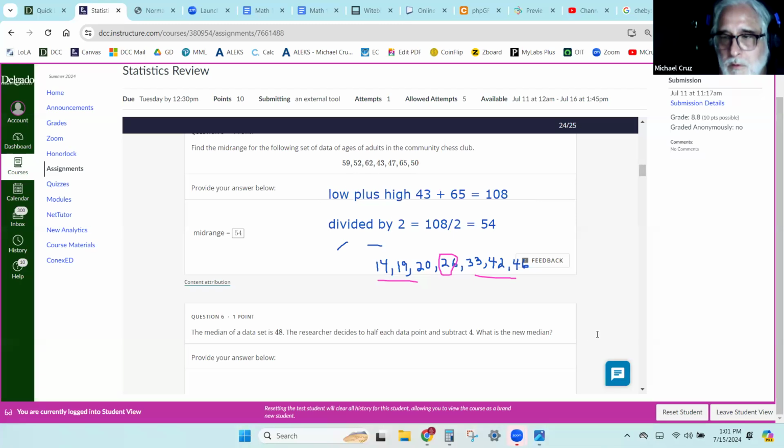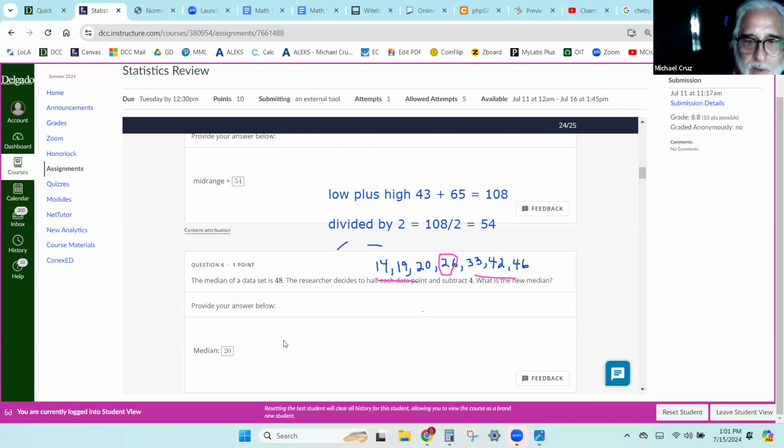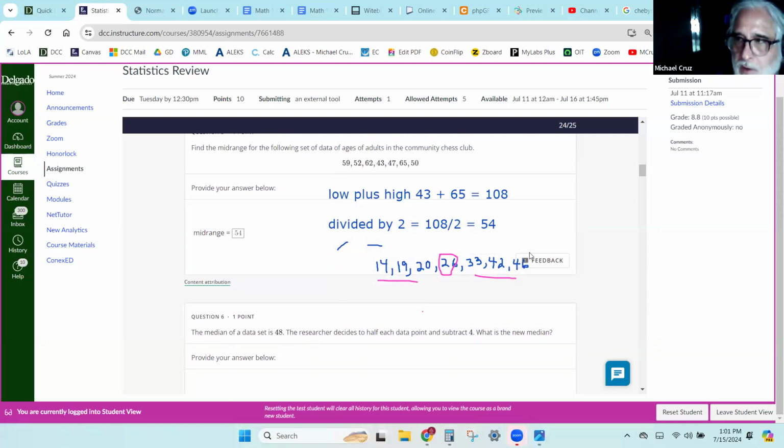All right. What about number 6? I explained that one earlier, but did anybody not get the logic behind that? If you do something to every data point, add, subtract, multiply, or divide, and then calculate, it's the same as doing the calculation and then doing it to the final answer.